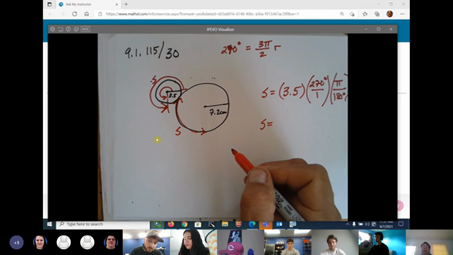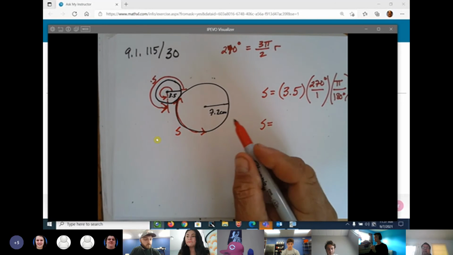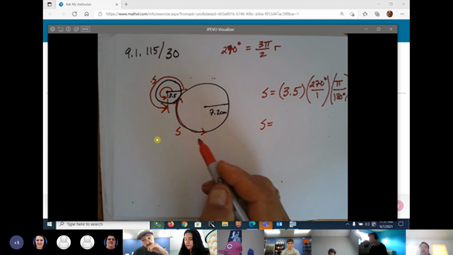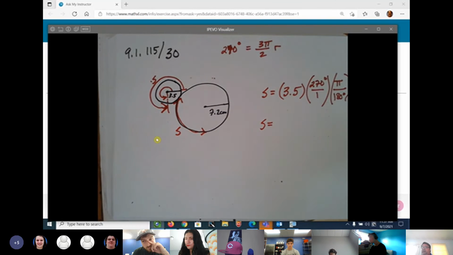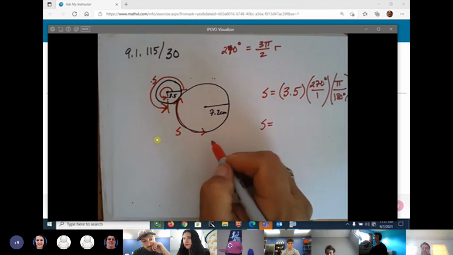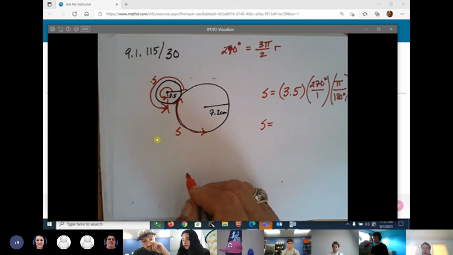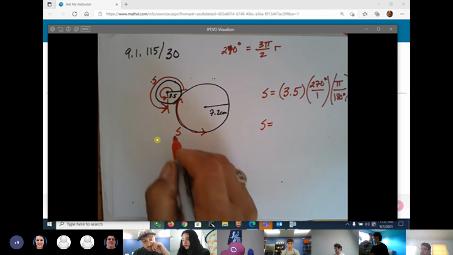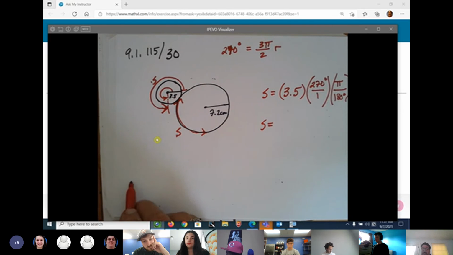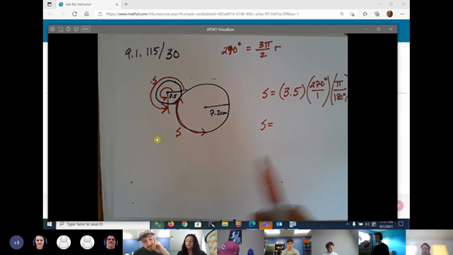Y'all know how gears turn, right? If a gear turns 5 feet, it turns the other gear 5 feet. Now the other gear may be bigger, but it still turns at 5 feet. So whatever we get for the S here is going to go for the S in part B, because we got a part B.